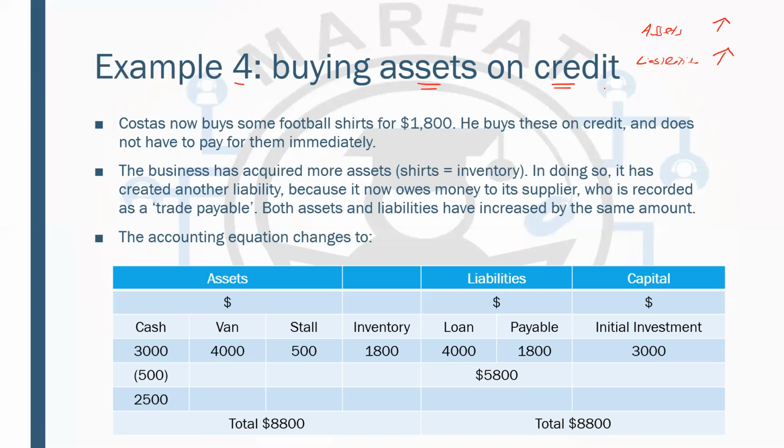When we are buying on credit, we owe that amount to someone. That means we have to pay that amount to someone at the contracted time. Costas now bought some football shirts for $1,800. He buys these on credit and does not have to pay for them immediately.